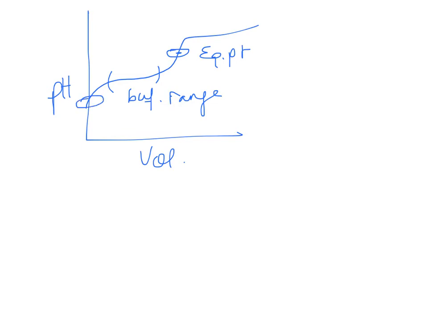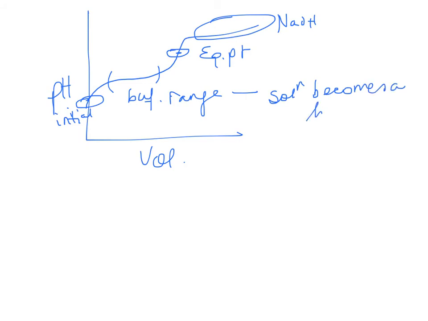This point is your initial point. This region is where you have only sodium hydroxide, so that always is going to be in the alkaline region. What is happening between the initial pH and the equivalence point is that the solution basically becomes a buffer.